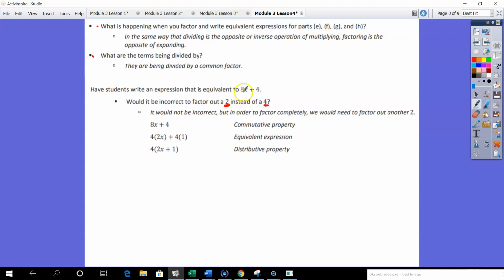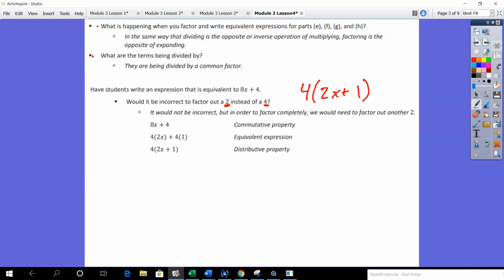Okay, so 2 is a factor of 8, and it is a factor of 4. So would it be incorrect to factor out the 2 instead of 4? Instead of doing 4 times 2x plus 1, so 4 times 2x is 8x, 4 times 1 gives me 4.